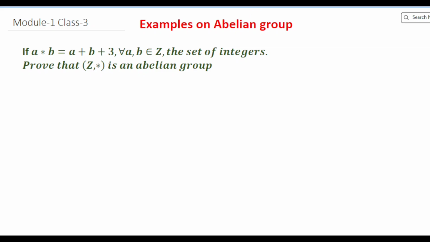Here, my dear students, a star b is a given function, that is a binary operation, and we need to prove that this binary operation on the set of integers satisfies the Abelian group, which means we have 5 properties to be proved. Then we can say that the given is an Abelian group.